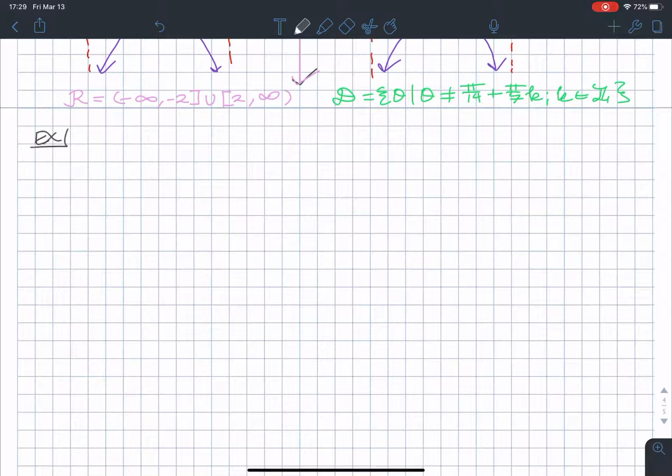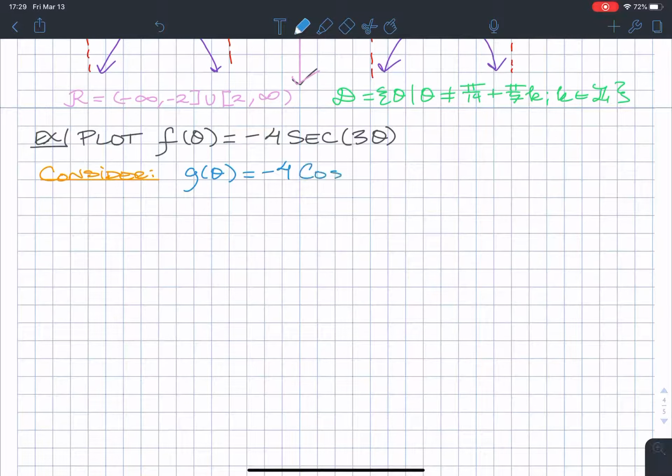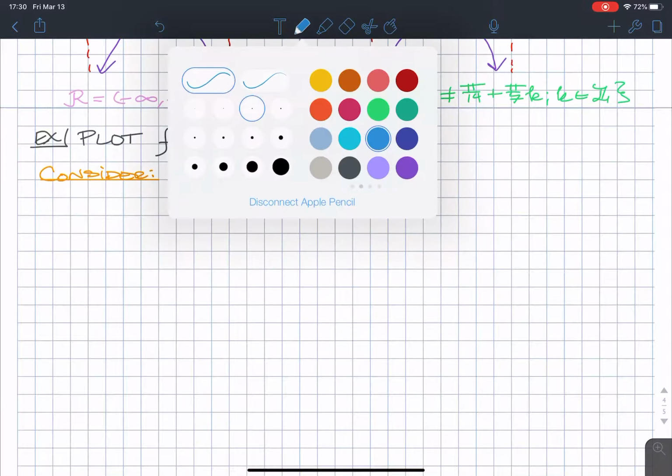Okay, so I'm going to consider g of theta being equal to negative 4 cosine of 3 theta. So I know in this case that the amplitude, which is distance, is positive 4. The period is 2 pi divided by 3. And now because of this negative, it has x-axis reflection.